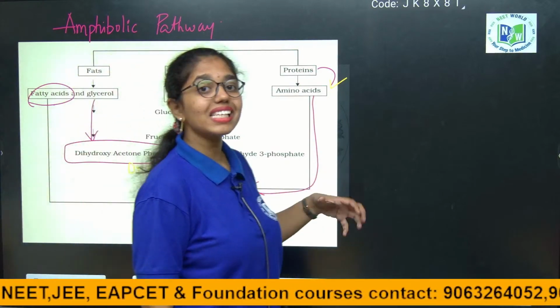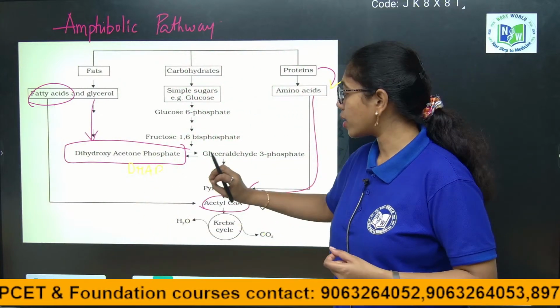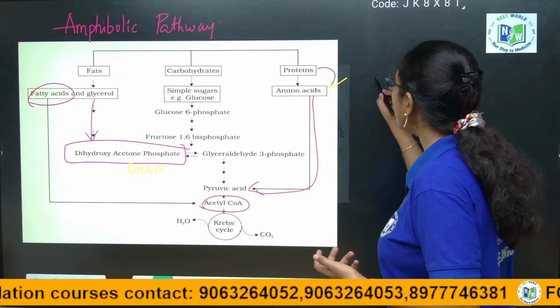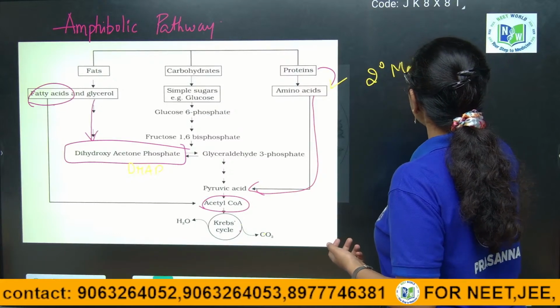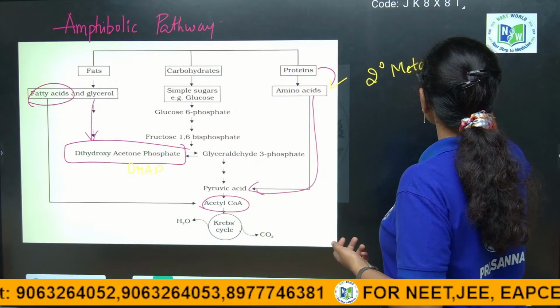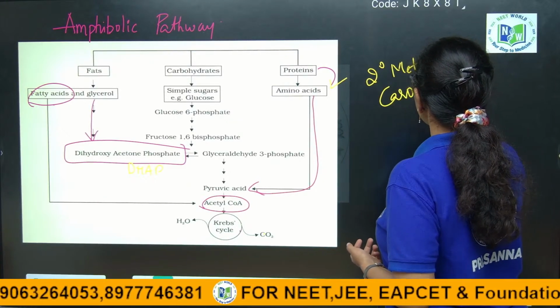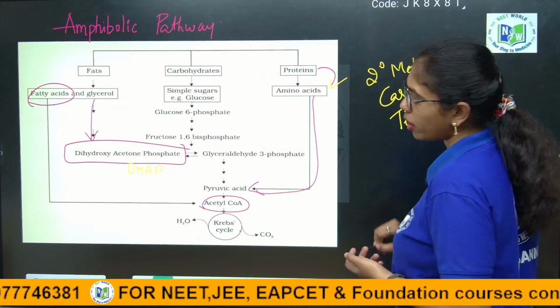These respiratory intermediates play a major role in biosynthesis of many other molecules, like secondary metabolites, like carotenoids, terpenes, okay, and many other biosynthetic pathways.